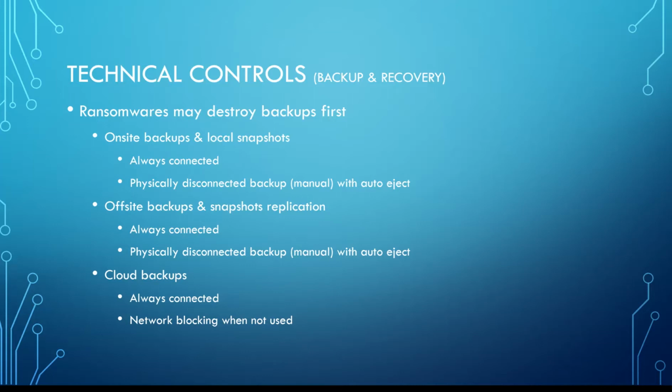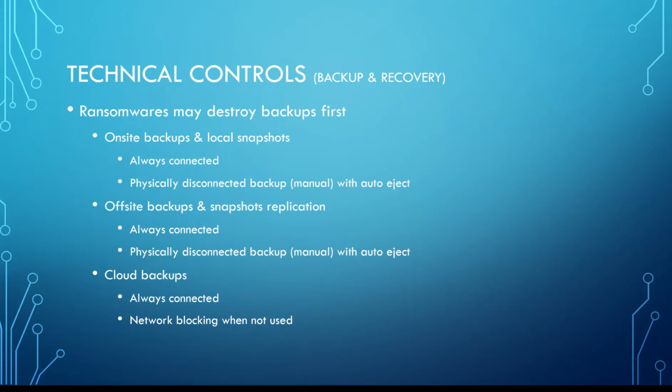You could also have some hard disk that you manually connect every time you do a backup, and when the backup is done, you can auto eject the drive. With Hyper Backup you can do that, and then you can put this hard disk in another place, for example.